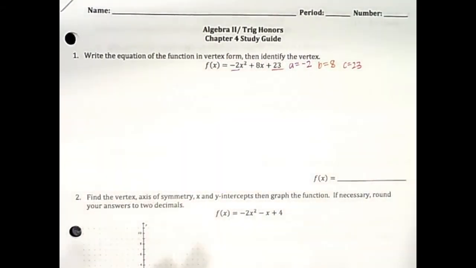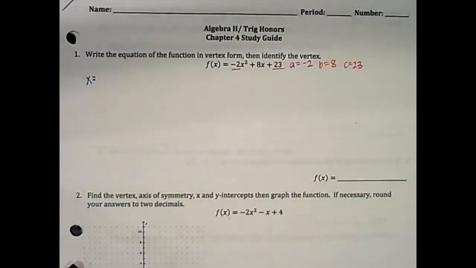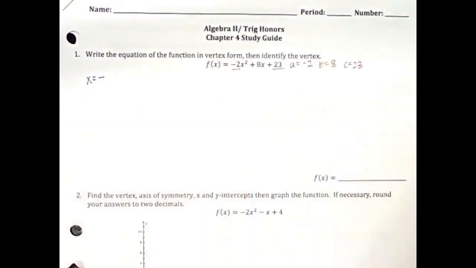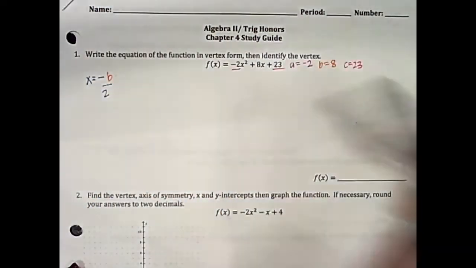Okay, so with that, we are going to use our formula to find the vertex. So remember, the x value of the vertex is the opposite of b all over 2a.